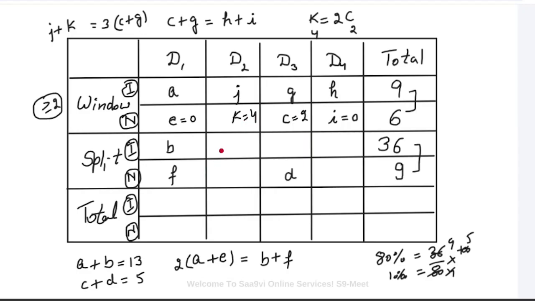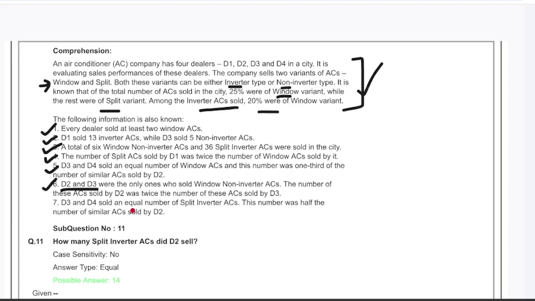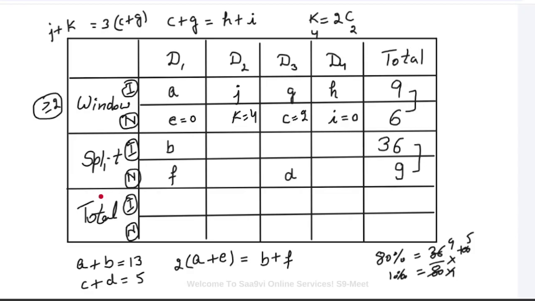This will make it clear. The next line, it says we're almost done now. We're going to solve the answers after this. D3 and D4 sold an equal number of split inverter ACs. So D3 and D4 have sold equal.